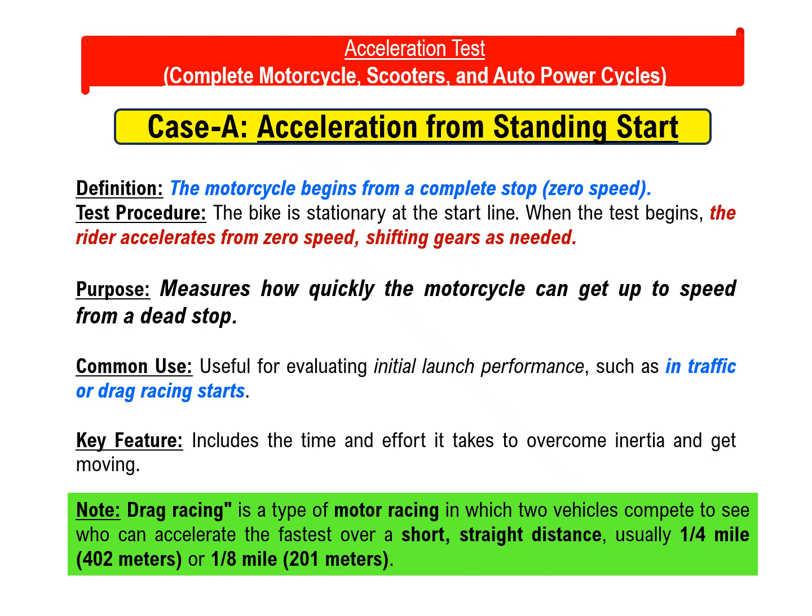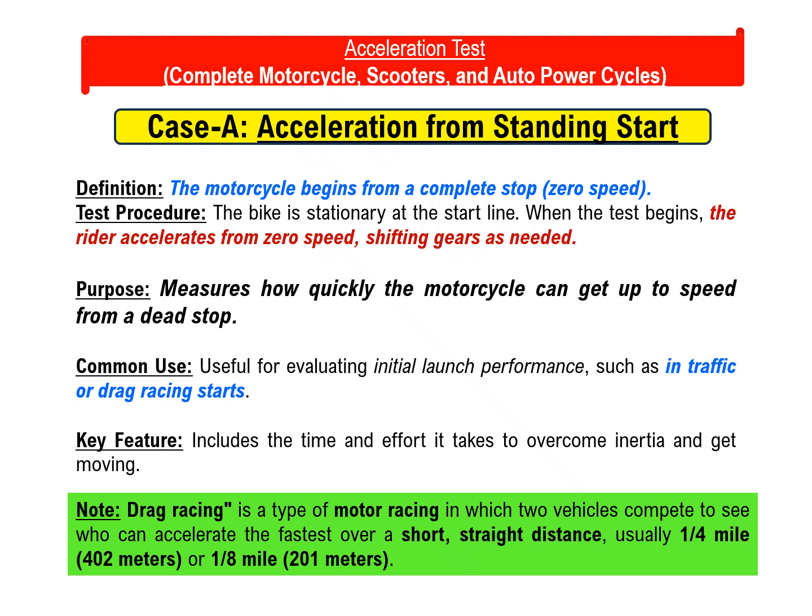Case A, acceleration from the standing start. It means the motorcycle begins from a complete stop, that is zero speed. The bike is stationary at the start line. When the test begins, the rider accelerates from zero speed, shifting gears as needed.